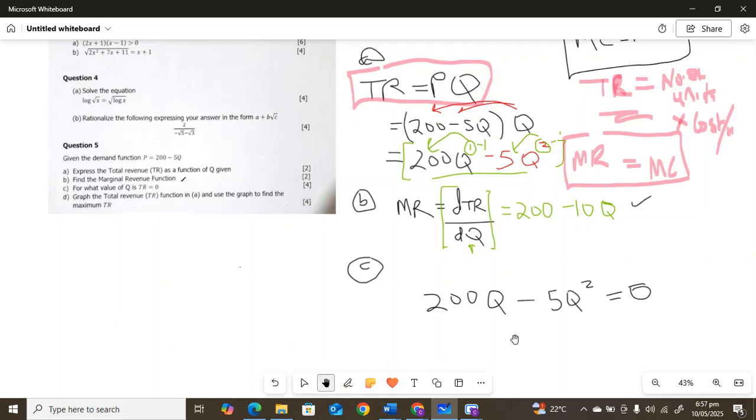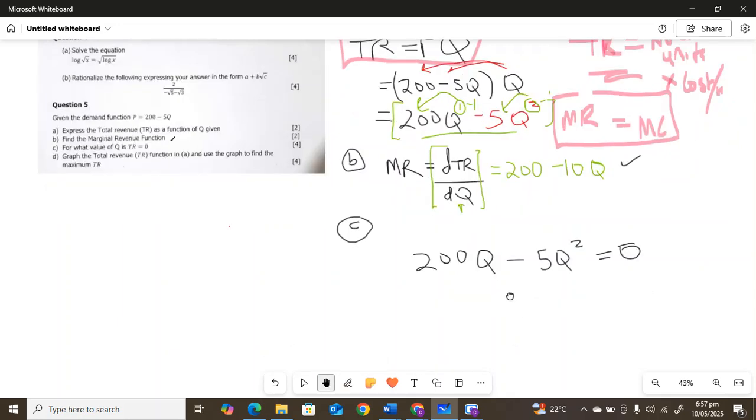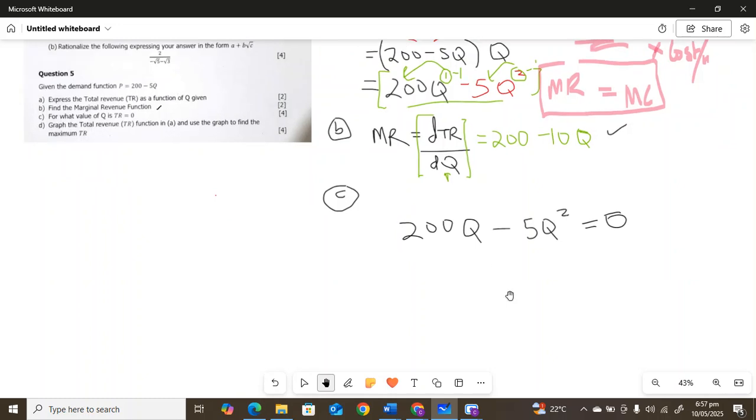This is a quadratic function. So colleagues, how do we solve this first?